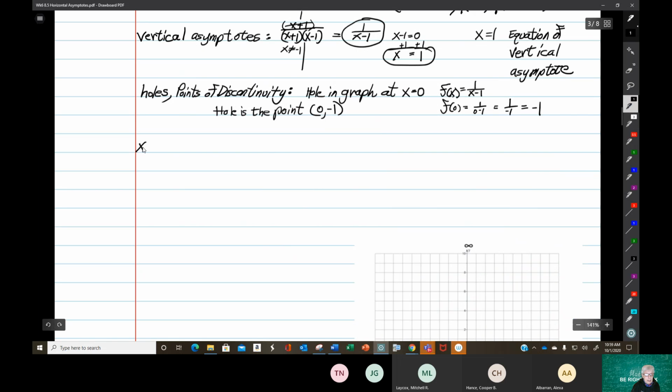So let's find the x-intercepts, if there is one, and there's no rule that says there has to be one. Right here, there is not going to be. We now have f of x equals 1 over x minus 1.